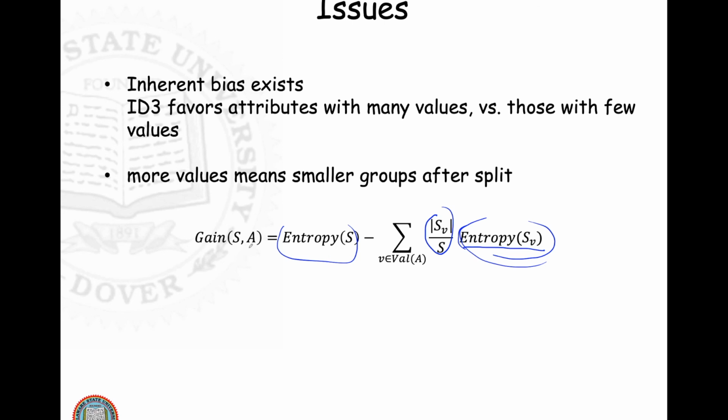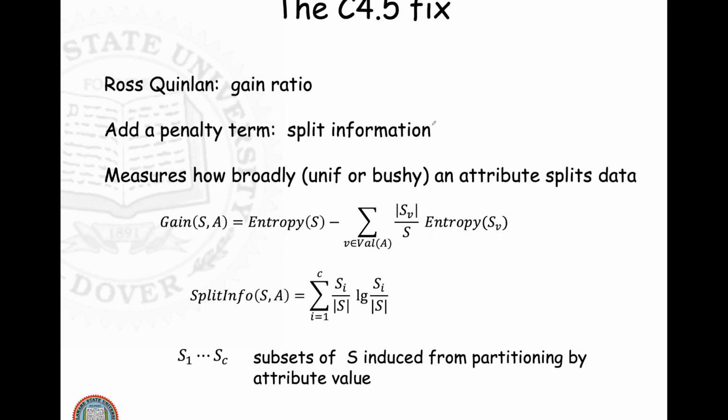And so it's going to therefore favor those attributes, or tests involving those attributes, if the attribute has a lot of different values. And so we need to account for that because essentially it's going to bias our splits into more numerous valued attributes, and we don't want to do that.